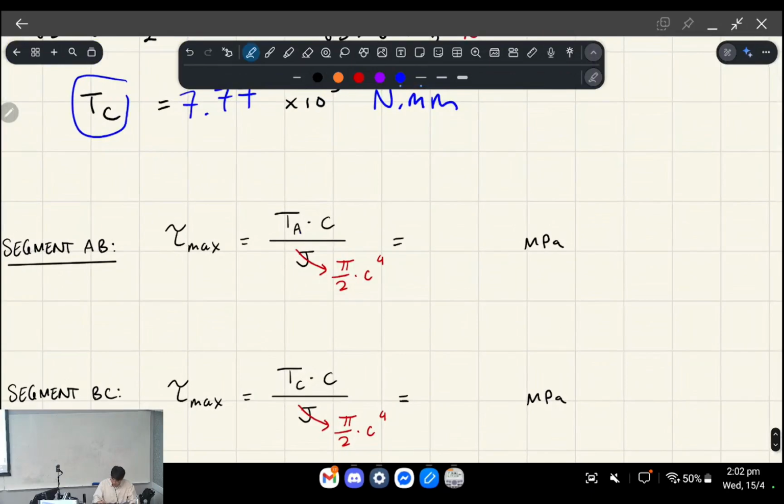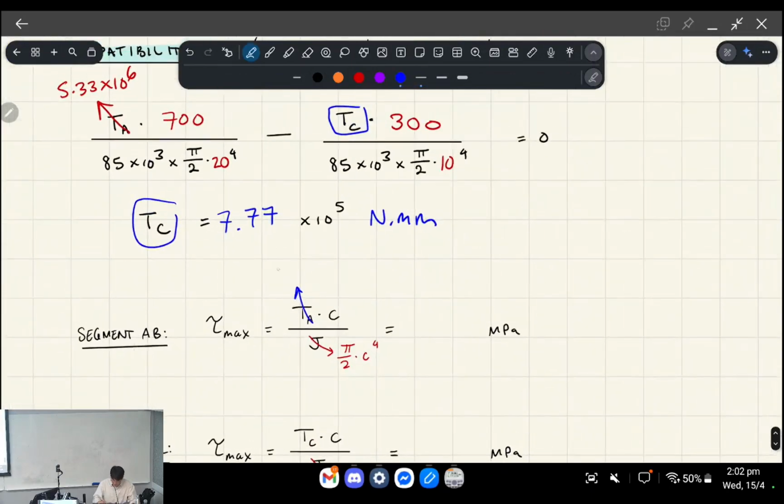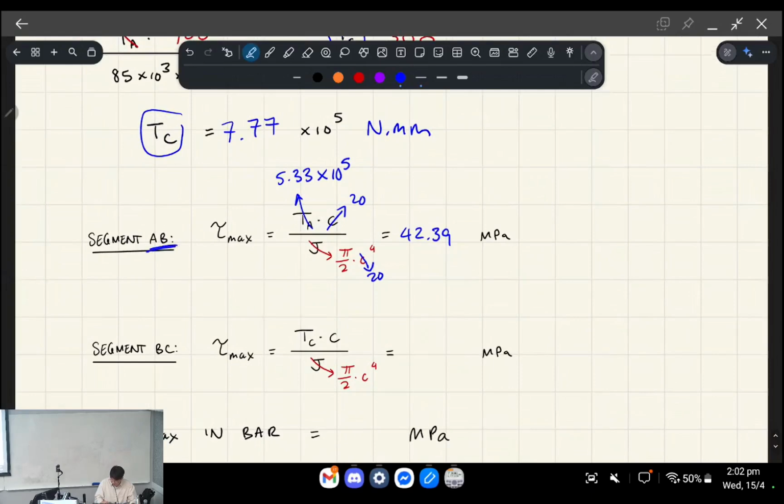Okay. So we're going to plug in our values that we know, which are 5.33 times 10 to the 5, 20, giving us 42.39. That's for segment A to B. And for segment B to C, we plug in the other value that we know for torque, and we have a smaller radius, right?